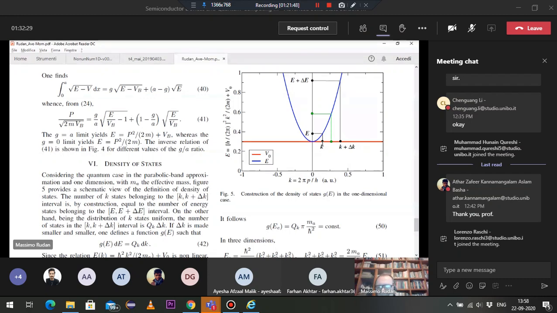Consider a value of K. And then consider another value of K plus delta K. So you consider an interval along the K axis. So these dots are not electrons, okay, they are possible values of K, and those on the vertical axis are possible values of energy, okay?